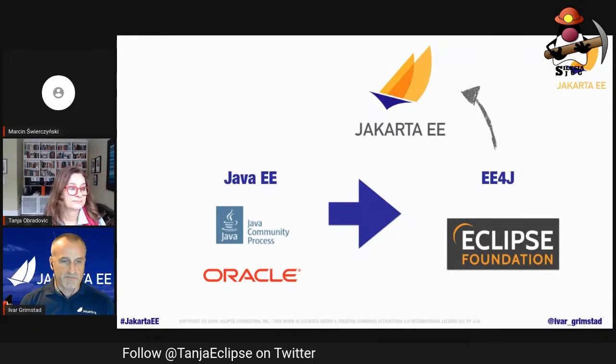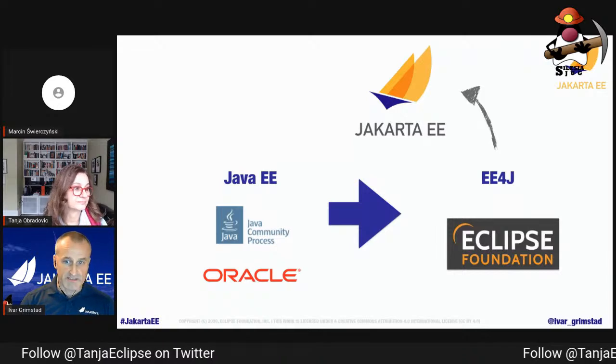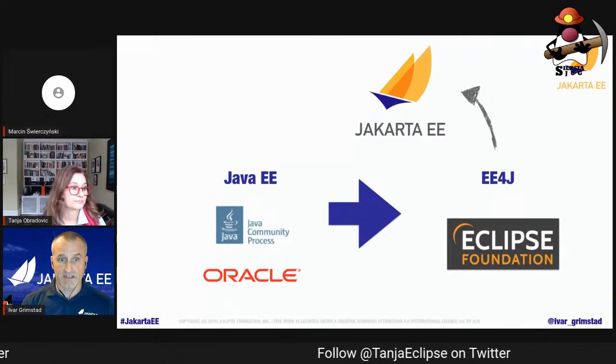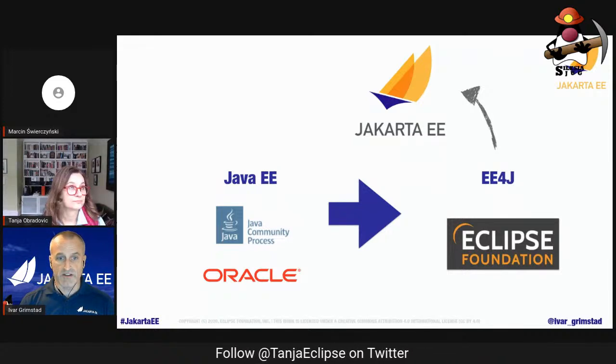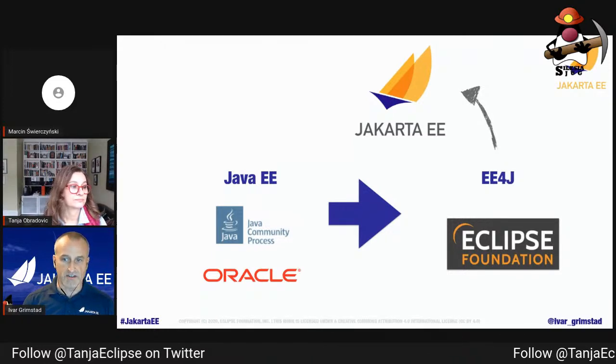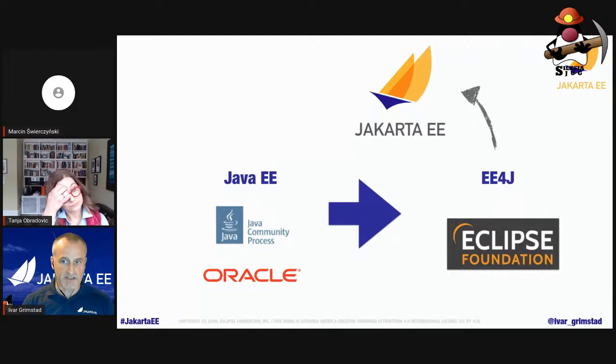And back in 2016, 17, around there, Oracle decided that they wanted to move all this technology over to an open source foundation. And Eclipse Foundation was selected. The EE4J top level projects were created. And from these projects, we create the technologies that form the basis for Jakarta EE. So that's kind of the full gist of everything there.